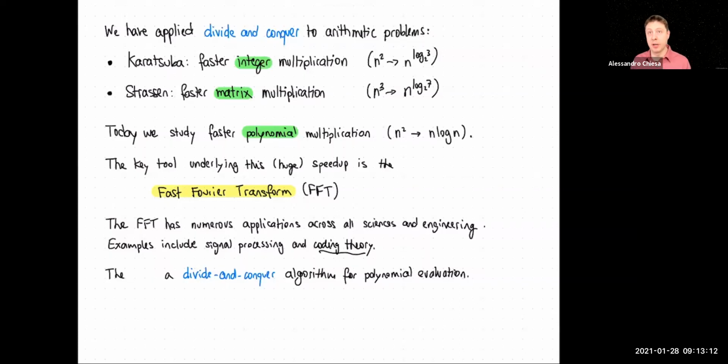So for example, for encoding messages in a way that is redundant, and you can check and detect and correct mistakes in communication. And the FFT is also a divide and conquer algorithm, for a particular problem that is not polynomial multiplication, but it is polynomial evaluation. So that is the problem that it solves.